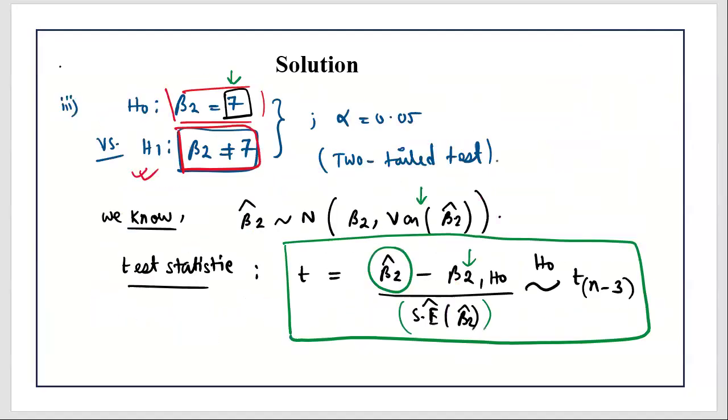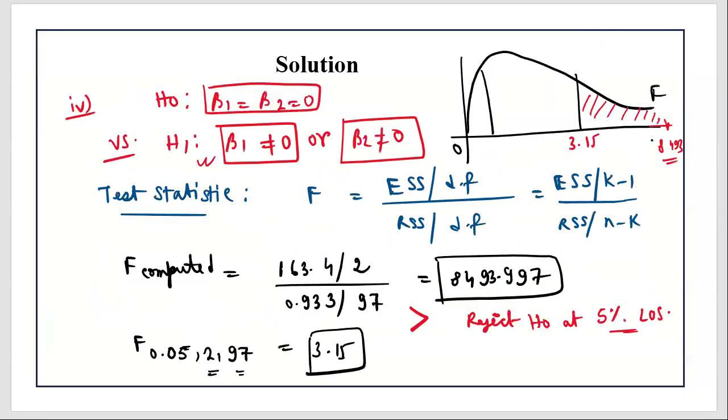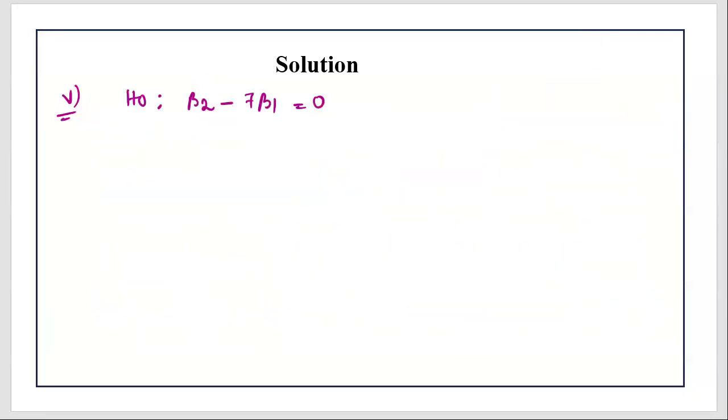Unless this kind of specific value is given, we always write the null hypothesis so that the right hand side is 0. So always take everything to the left hand side, versus the alternative, beta 2 minus 7 beta 1 is not equal to 0. So this is the first step. This is how you have to write this.